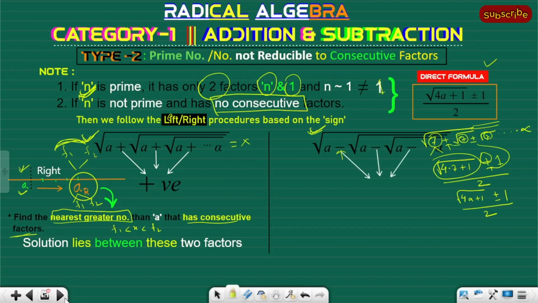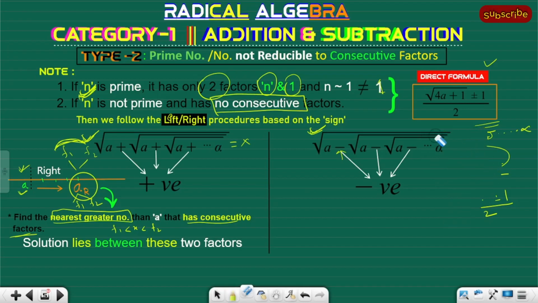What about negative? In the negative case, the number line system will come towards the left. A number less than A. And we have to find a number less than A which has two consecutive factors.